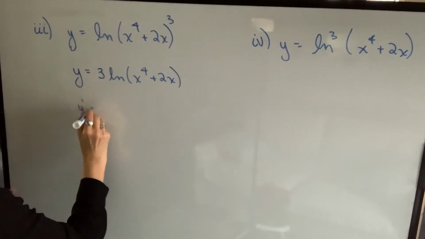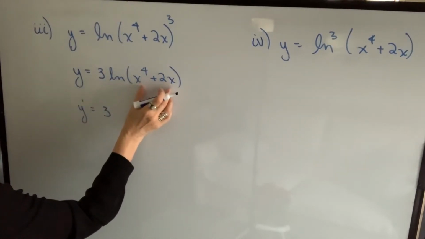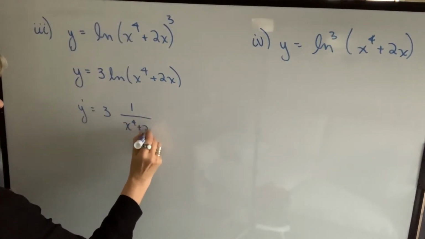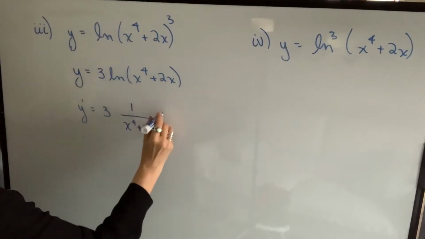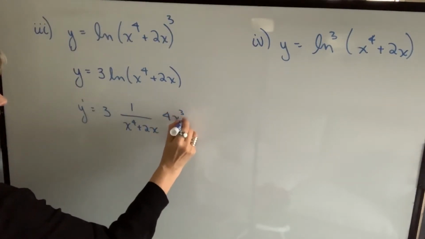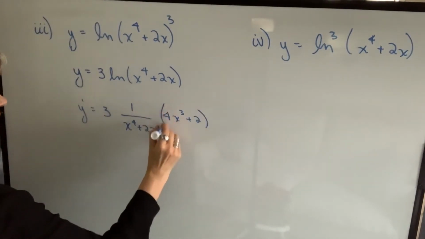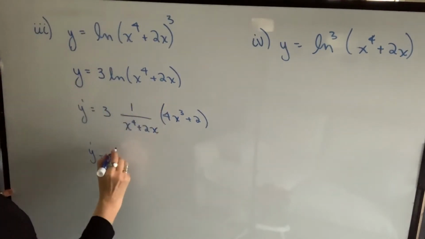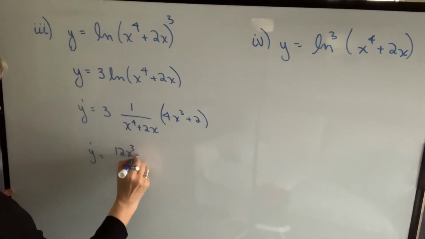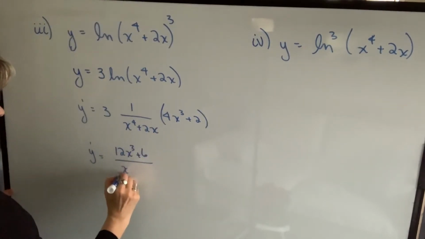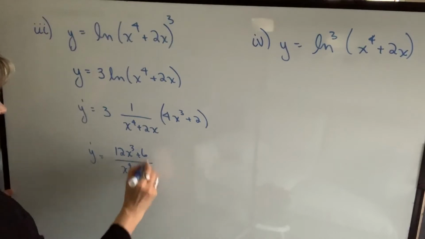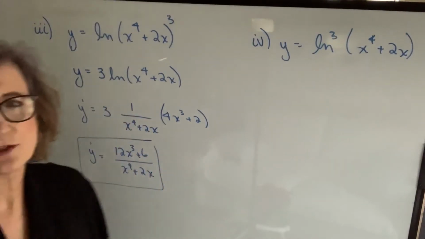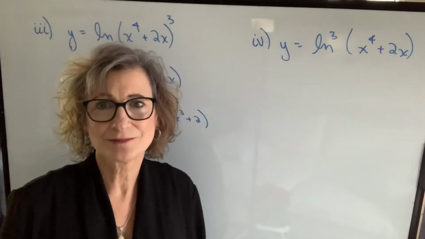So the derivative will be 3 times, now I'm just dealing with this function, 1 over x to the 4th plus 2x, then multiply by the derivative of this, which is 4x cubed plus 2. When I simplify and distribute that 3, I will get 12x cubed plus 6 over x to the 4th plus 2x. So I get the same result, I just find it a little bit easier, but if you don't recognize to use your properties, you'll still get the same result.